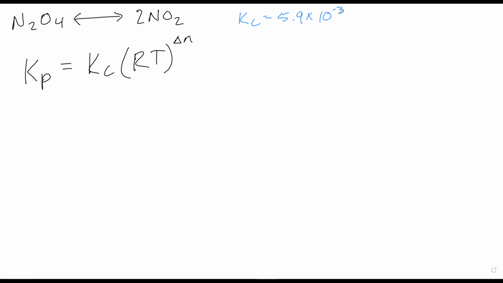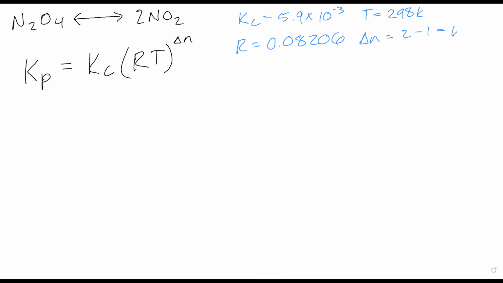Very small number. It also gives me T, which is 298 Kelvin. I know that R equals 0.08206. And I know that delta N here is the sum of the coefficients of the products, which is 2, minus the sum of the coefficients of the reactants, which is 1, which gives me 1. So I'm going to use 1 here.